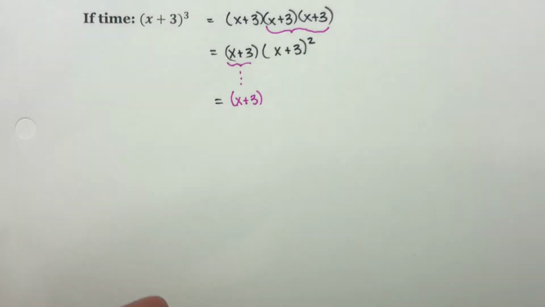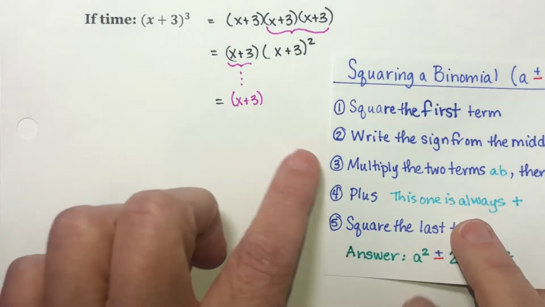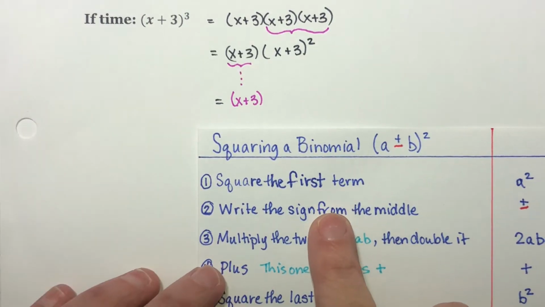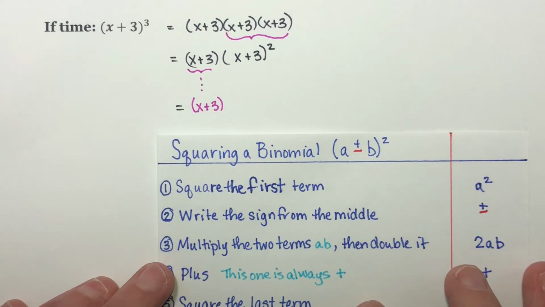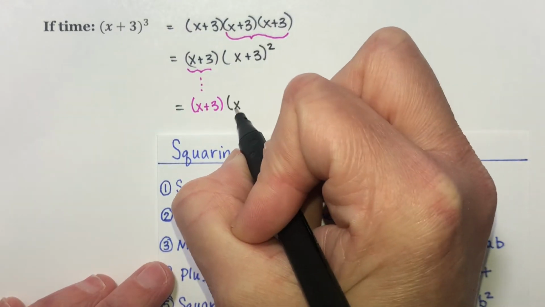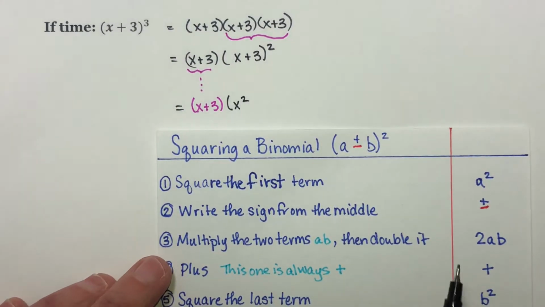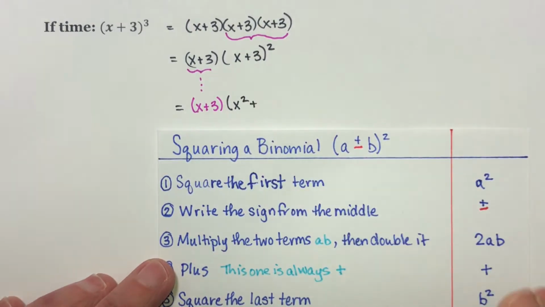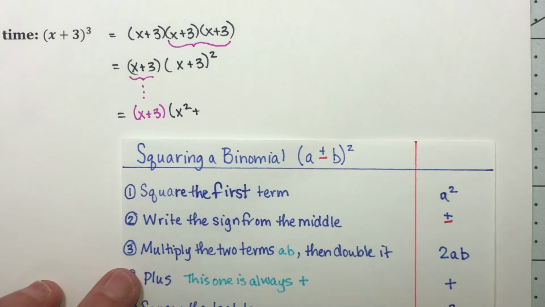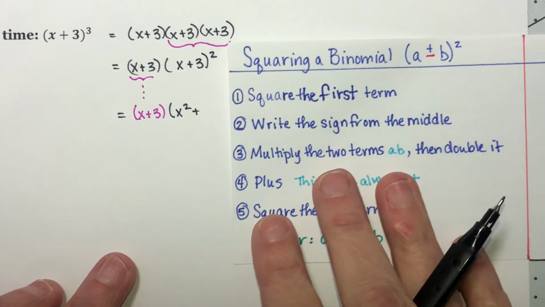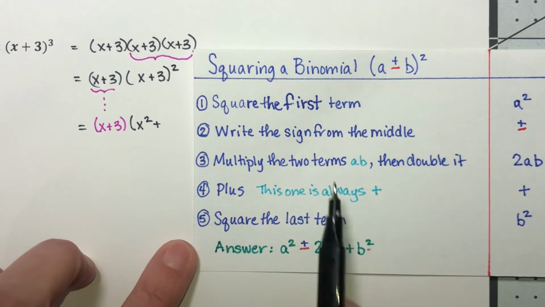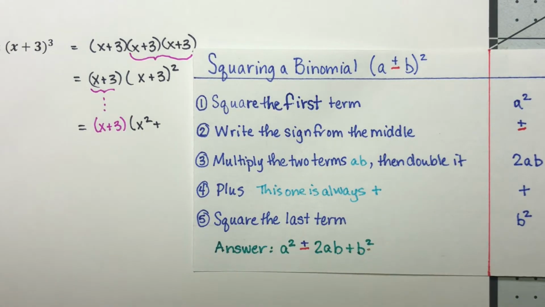So we have squaring a binomial. The first thing we do is square the first term. If we square the first term, that will be x squared, and this should be in parentheses. Write down the sign from the middle. This is a plus, so this is a plus. Multiply the two terms together.